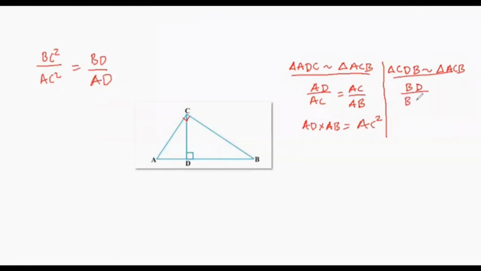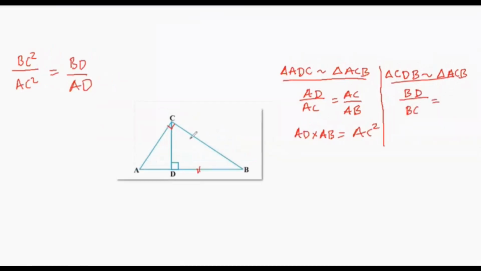BD by BC is equal to, then in the small triangle you take BC, so in the large triangle the corresponding side will be AB. Now you cross multiply, you will get BD into AB is equal to BC square. Okay, so equation number 1 and equation number 2.